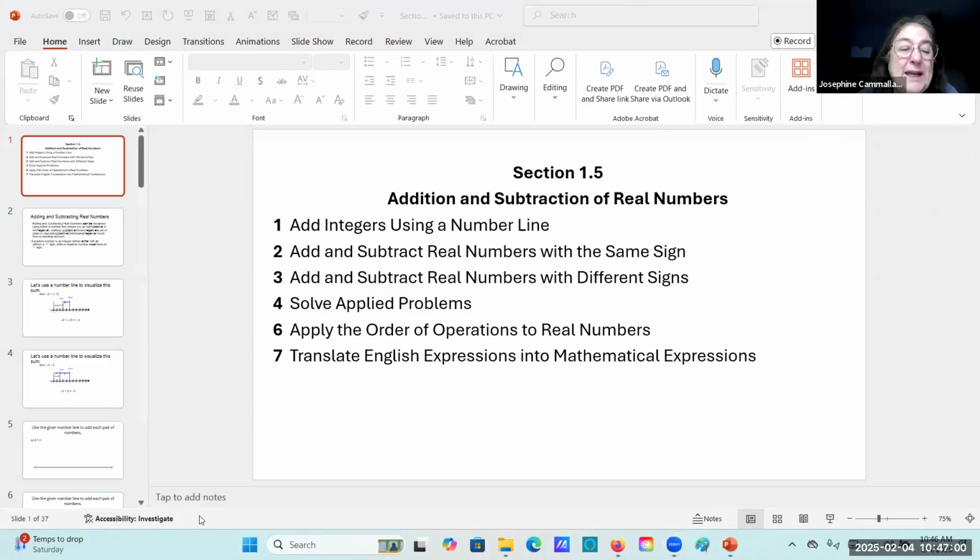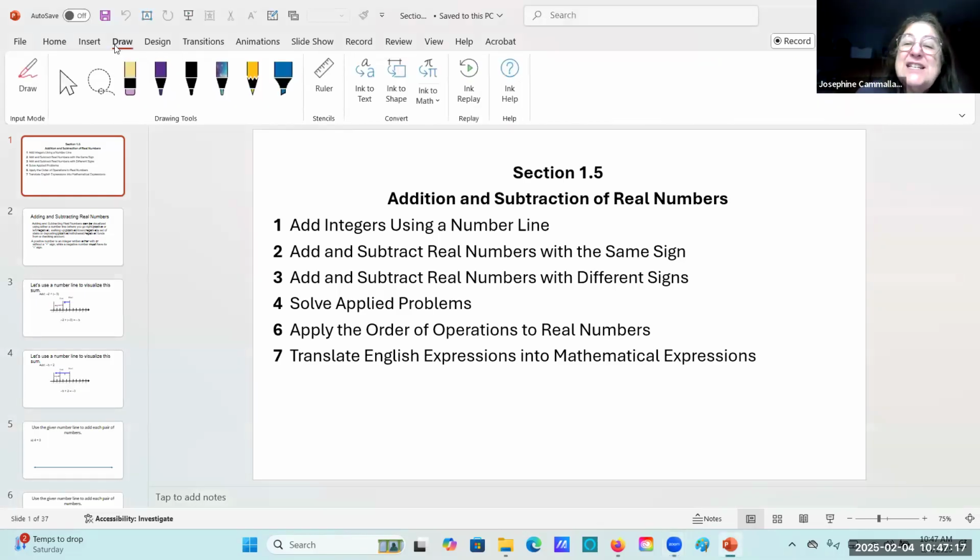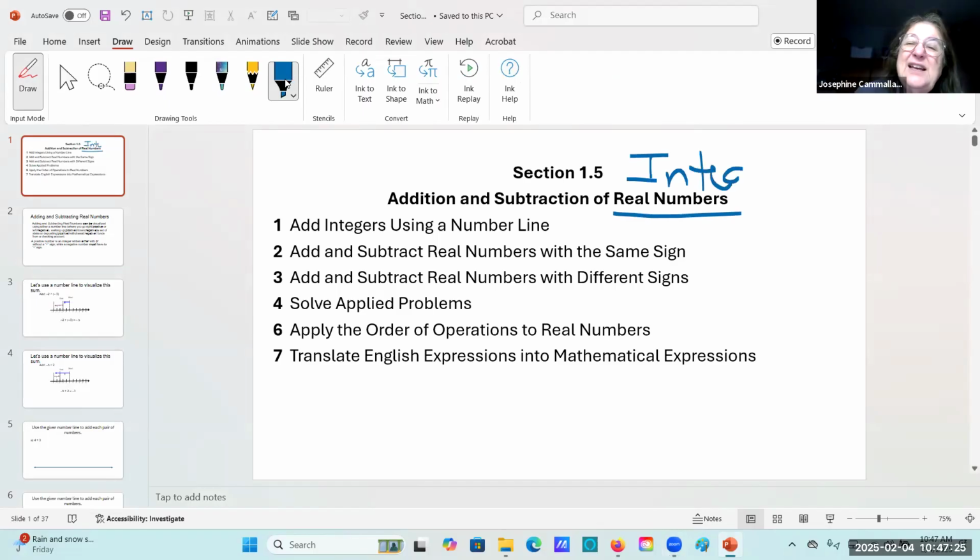We are now ready for section 1.5. This is adding and subtracting real numbers, and this is more about the area of integers. Which means we're going to have numbers that have the same sign and different signs, but we're going to add and subtract them.